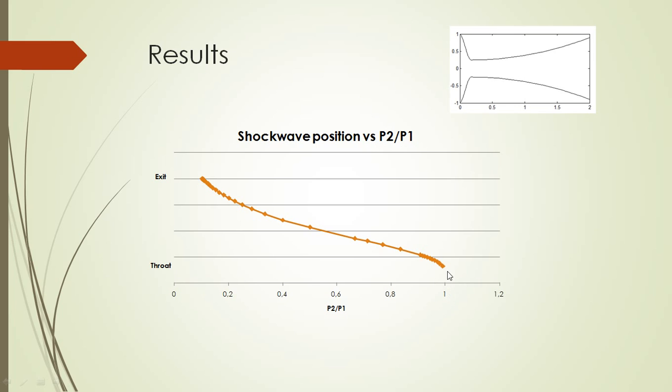When it's near 1, not exactly 1, because at exactly 1 there's no flux in the nozzle, the shockwave is given very near to the throat, because it has to happen before it can reach the ambient pressure at the end, and then it goes to the exit when the inlet pressure is lower than the exit one.